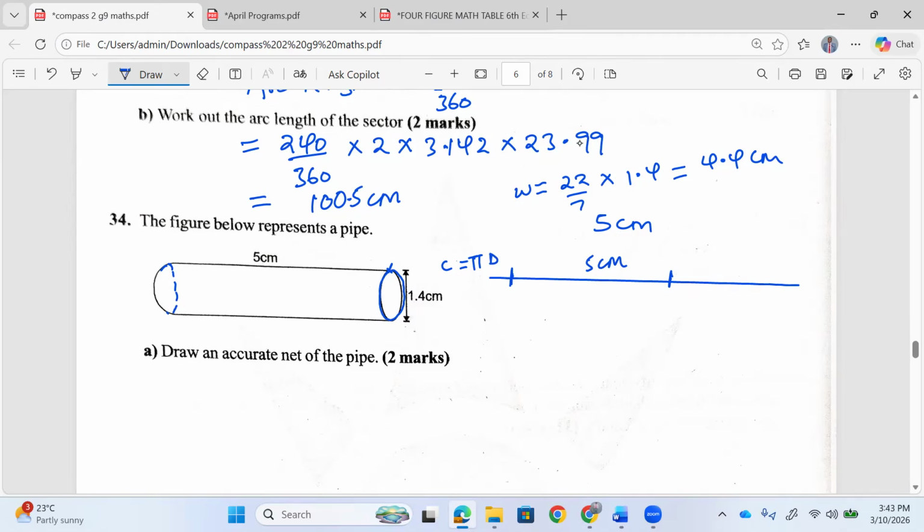Then perpendicularly, we drop 4.4. And also on the other side, we drop 4.4. So with 4.4, you can draw your other parallel line to the rectangle. Then you drop now.